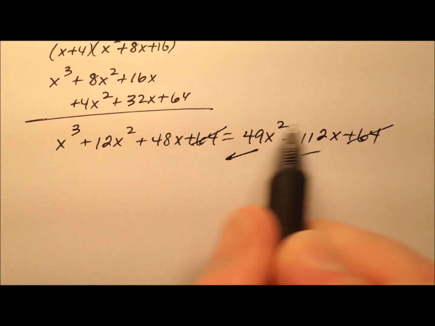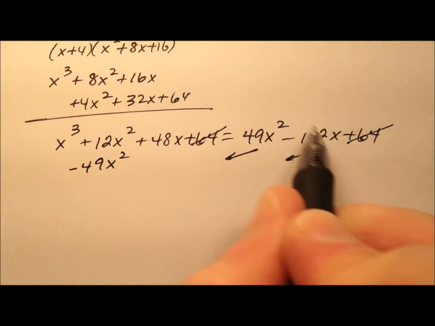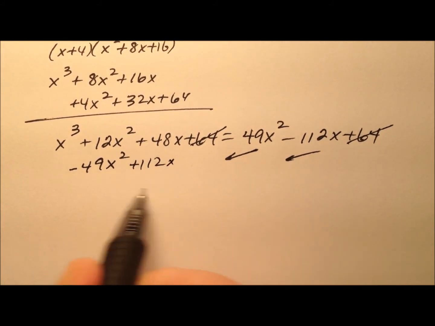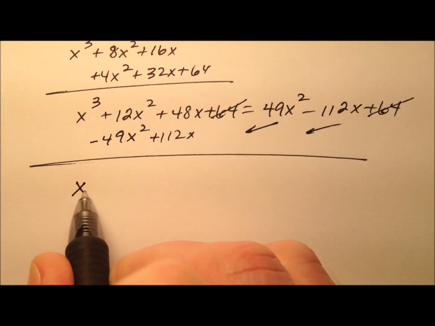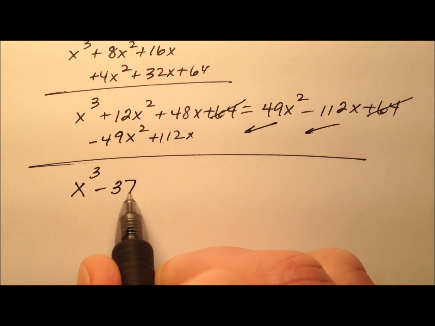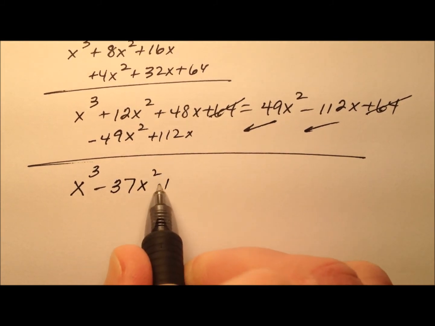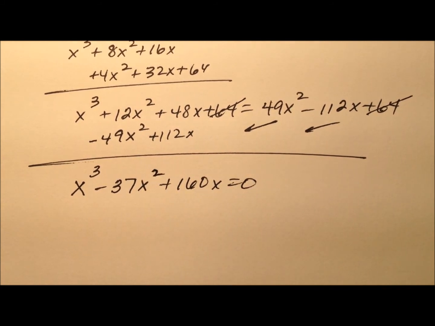So we can just bring these two terms over, subtract 49x squared from both sides, and then add 112x to both sides in order to get a little polynomial equation here. So x cubed minus 37x squared plus 160x equals 0.